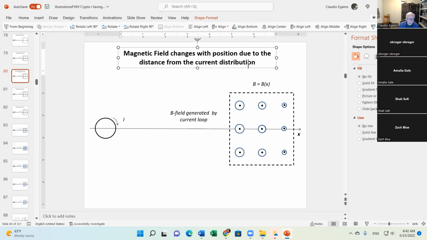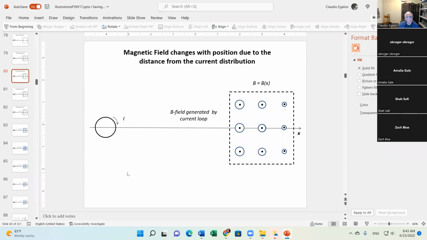The further away we are from the source, the weaker the magnetic field becomes. Remember, I'm doing in detail what you're not going to find. This detail that I'm doing here, you're not going to find in any book out there. I had to work that out.